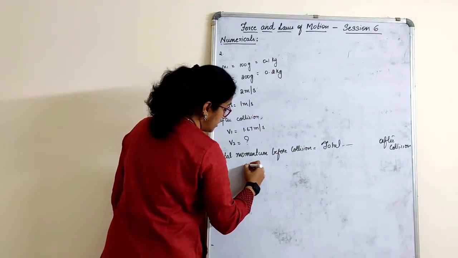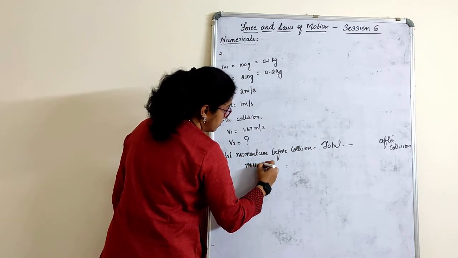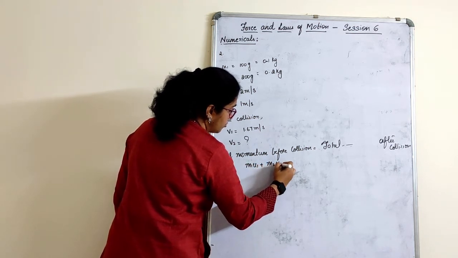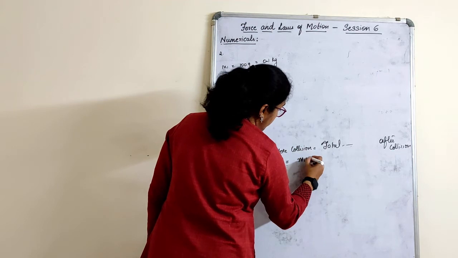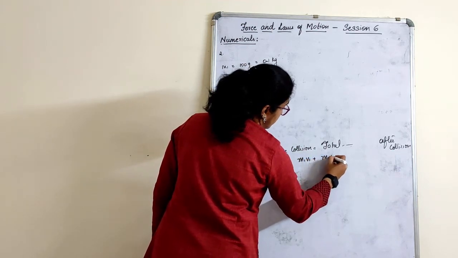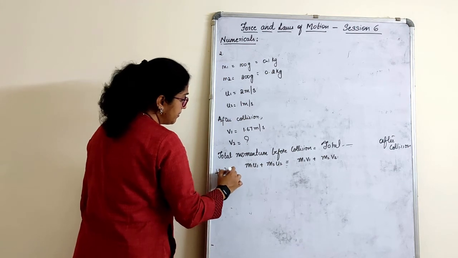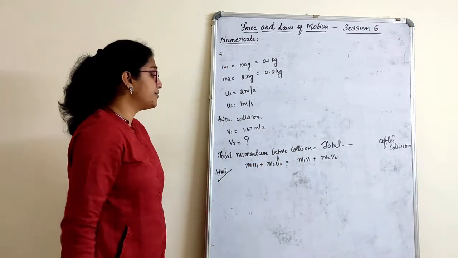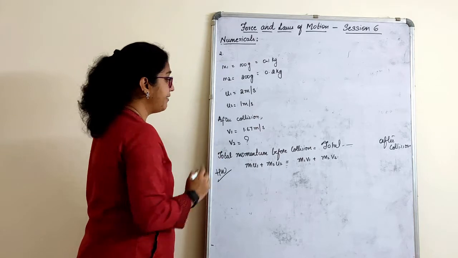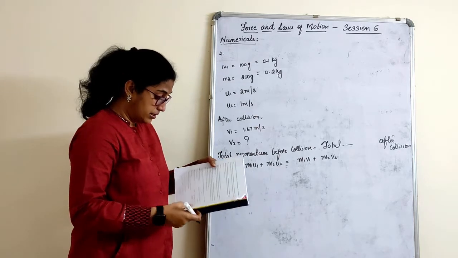Okay, so formula is m1u1 plus m2u2 is equal to m1v1 plus m2v2. Shall I mark this one for homework? Why? Because everything I have written here with the formula, you need to substitute and find the velocity of this.